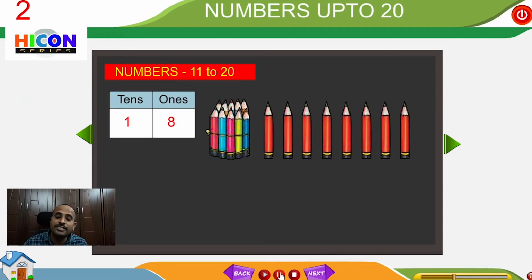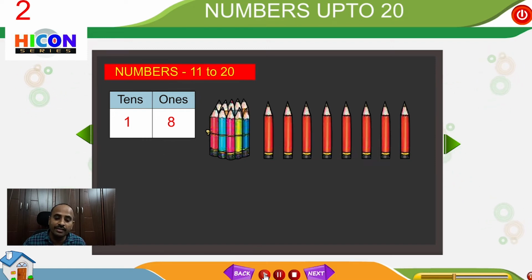So children, what is this number? How many ones are there? 8 ones. That means there are 8 single pencils. So in total there are 8 ones. And how many tens are there? 1 ten. That means one bunch represents 1 ten. So there is 1 ten and 8 ones. Together this number 1 8 is called 18.